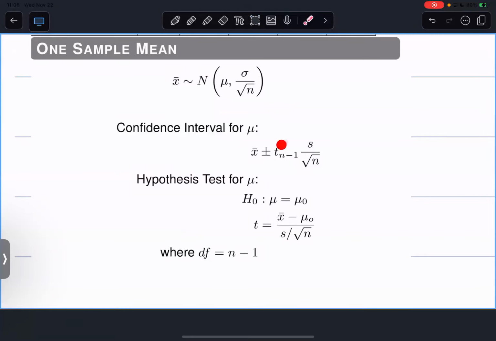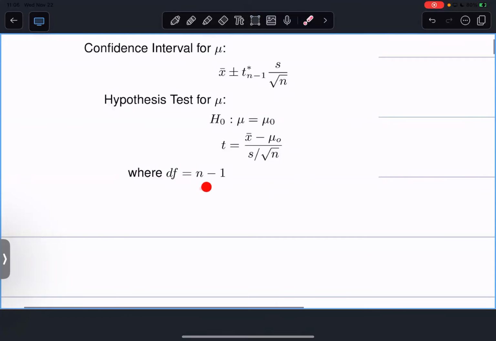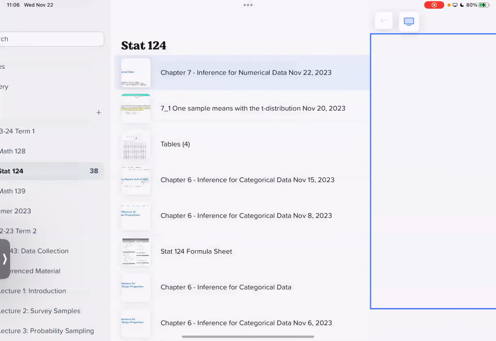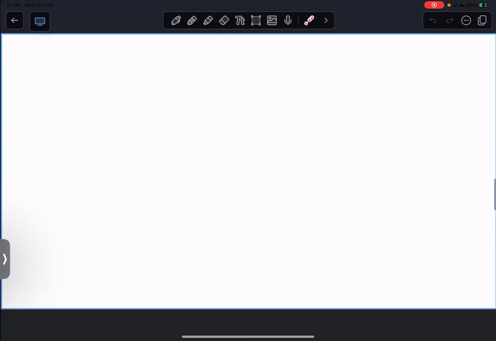The new thing that we talked about mostly last day was the t distribution, right? T has n-1 degrees of freedom if you have a sample of size n and you only have one sample. Then you take your sample size, subtract 1, and that's your degrees of freedom. And we were looking at the t table here.